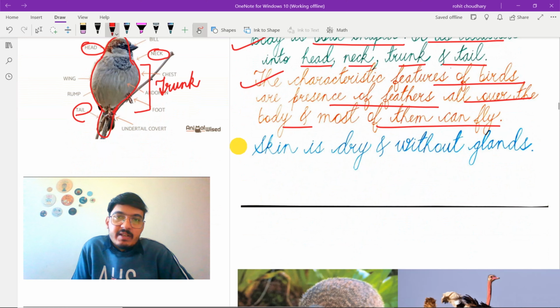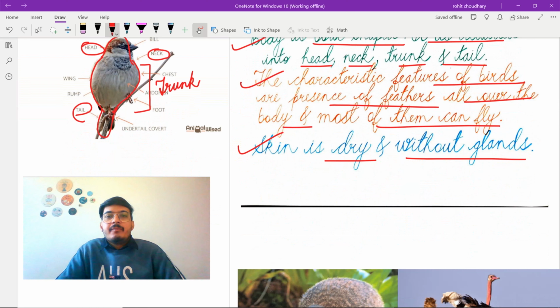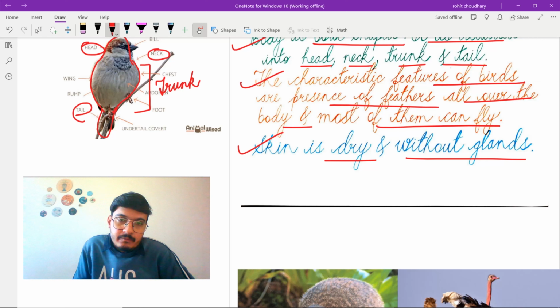The next feature is skin is dry and without glands. As there are no glands present, so their skin is dry. But in most of the birds, at the base of the tail, there is an oil gland that is known as uropygial gland.